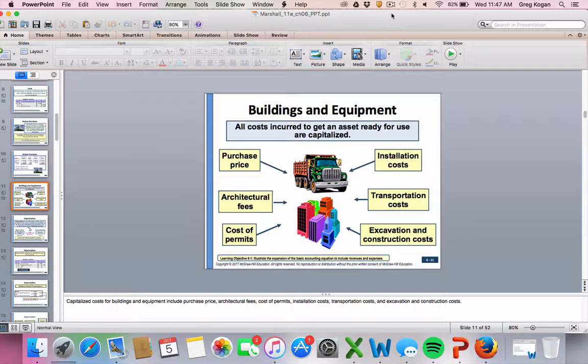Now, what exactly is depreciation? I'm going to go over an example problem to show you what depreciation is. There is a main example that I want to walk you through on page 190 of the text, and then we'll go over an example problem in the PowerPoint.